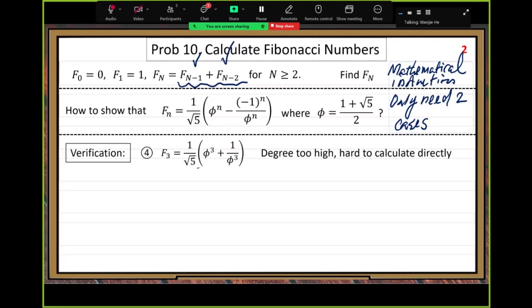When we look at the expressions inside the parentheses, golden ratio phi cubed, the degree 3 is relatively hard. If we want to expand the golden ratio (1 plus root 5) over 2 raised to the cube, it's a lot of computation, because the degree is too high.